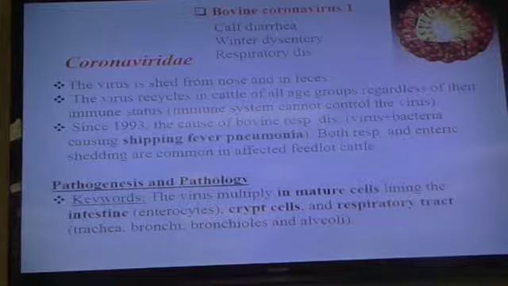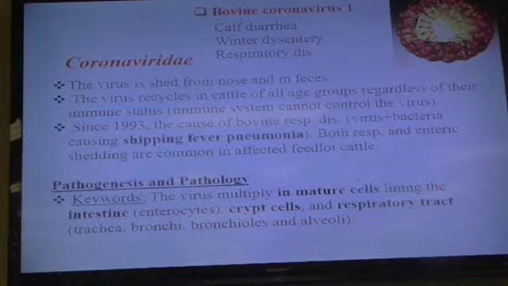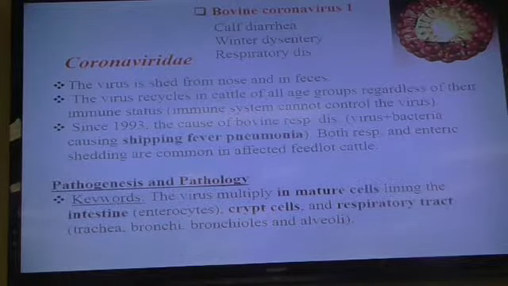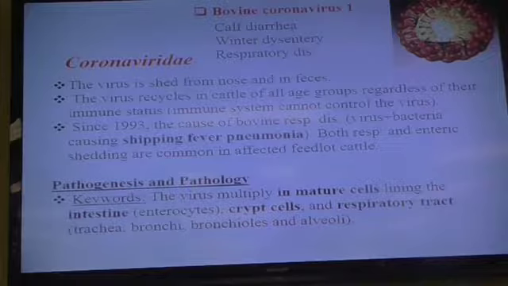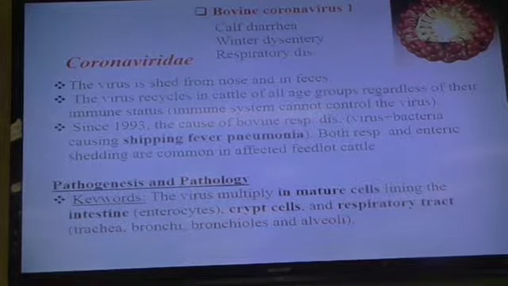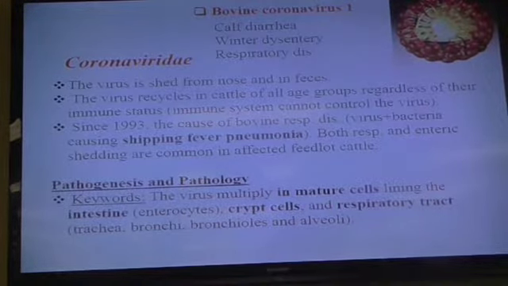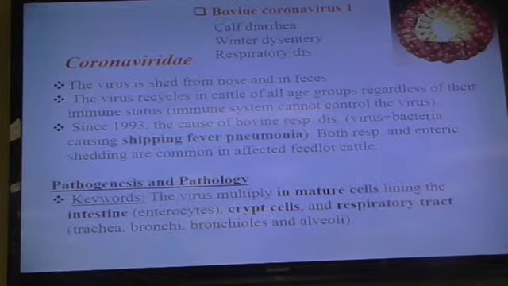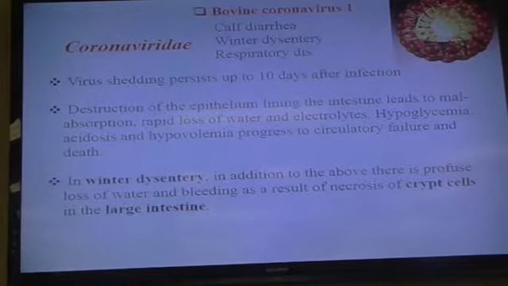Okay, so the pathogenesis: the virus multiplies in the mature cells of the intestine, also in the crypts, causing the death of the cells. As a result, you have the imbalance in electrolytes and the hemorrhage, which is obvious.